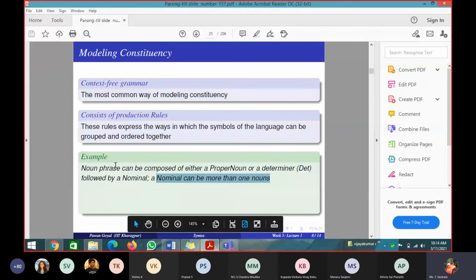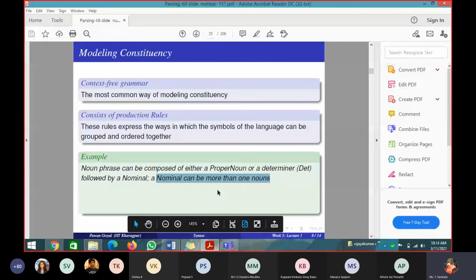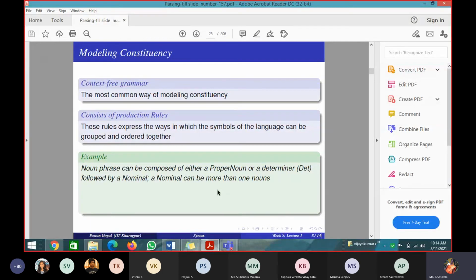So if you take an example, a noun phrase can be composed of a proper noun or a determiner followed by a nominal. A nominal can be one noun or more than one noun. Can you tell me how this can be represented as a production rule? For the first sentence, can you tell me the production rule?